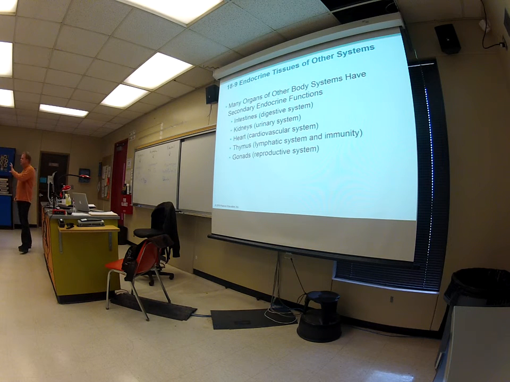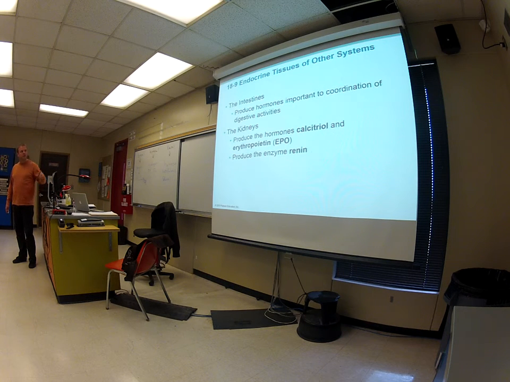We already know most of the chemicals for them. We didn't talk about any for the digestive system, but guess what? There are some there. Kidneys, again, we didn't talk about that, but I did mention ADH and aldosterone. The heart, ANP, atrial natriuretic peptide. Then the immune system, some craziness going on there, and then the reproductive system.